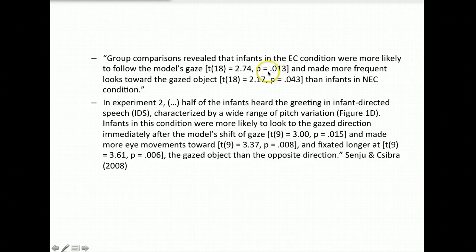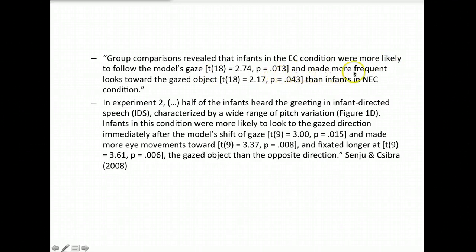This means that the difference between the eye contact condition and the non-eye contact condition is reliable, it's significant. So we can see that they were significantly more likely to follow the model's gaze in the eye contact condition than in the non-eye condition.